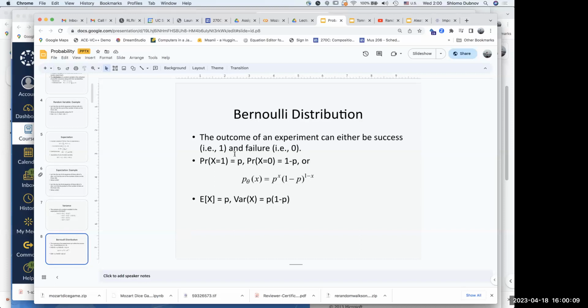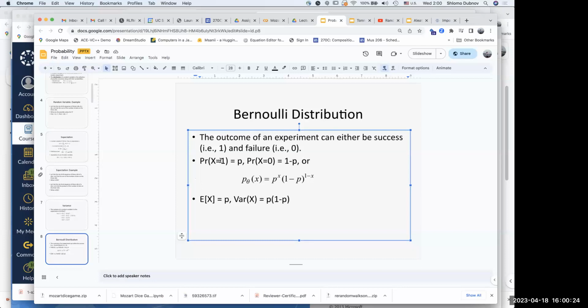Now, the Bernoulli distribution is a simple case where you have a binary variable. Outcomes can be 1 or 0, success or failure. So you can have probability of x equals some value p, this lowercase p. Of course, the other outcome is 1 minus p.